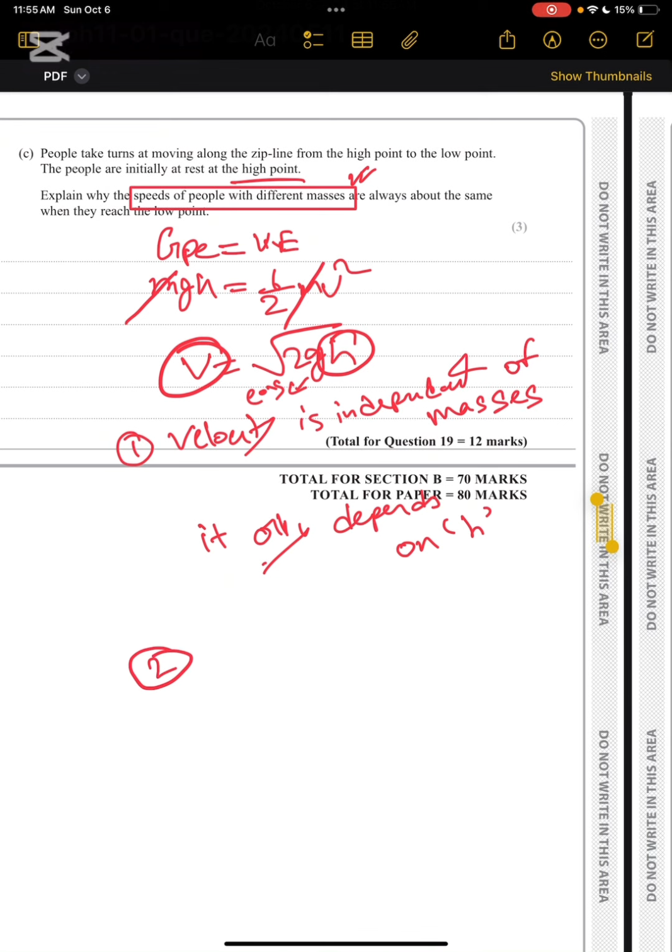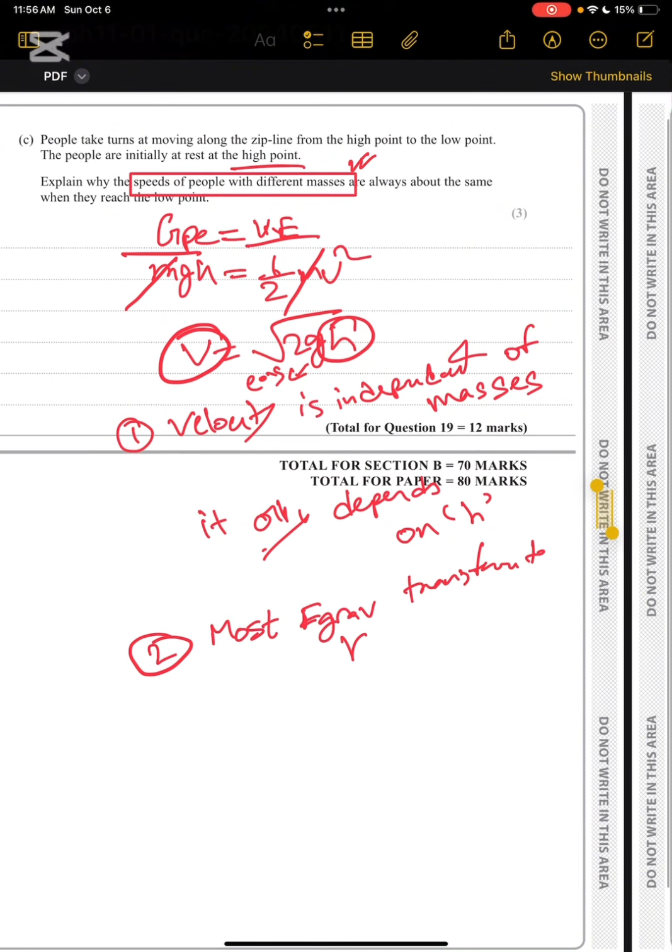And point number 2 is this GP is converted to kinetic energy. We will also have to say that most E grav is transferred to kinetic energy as the person moves from high point to low point.